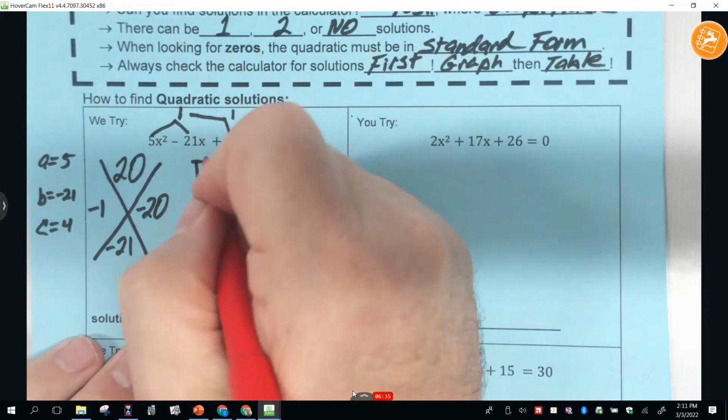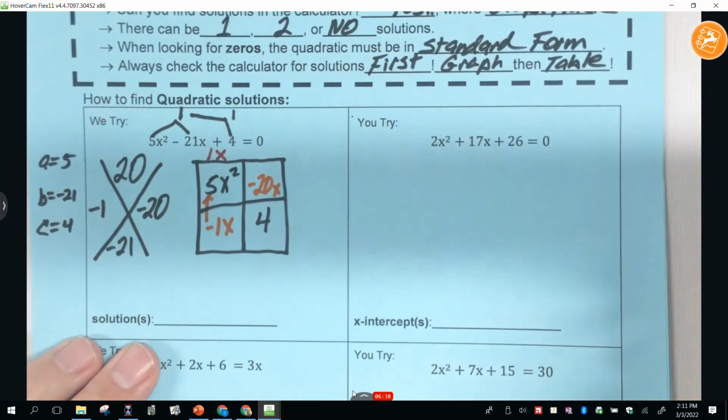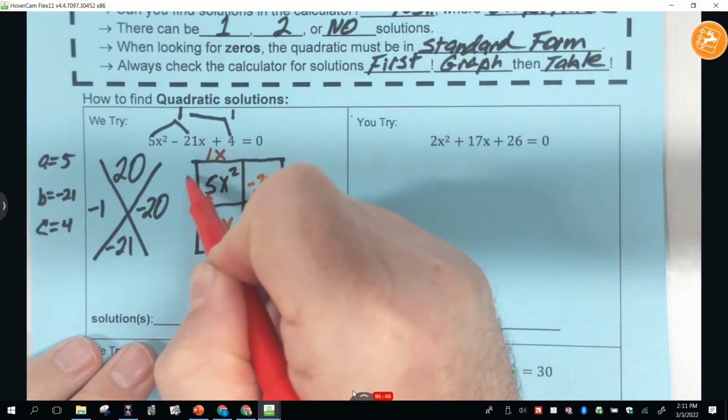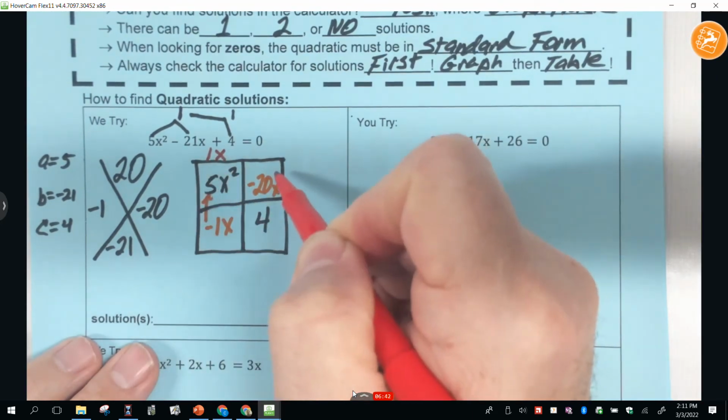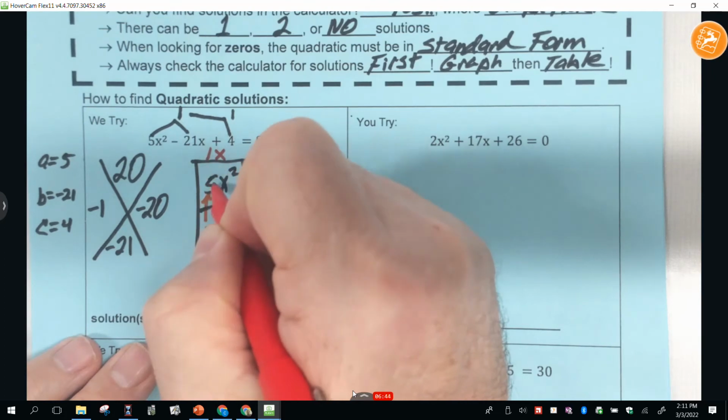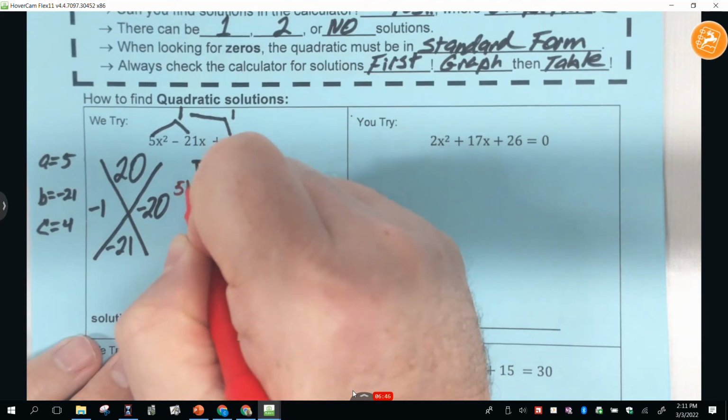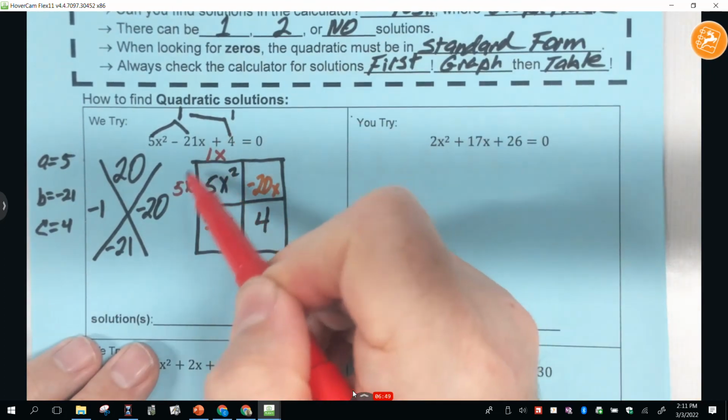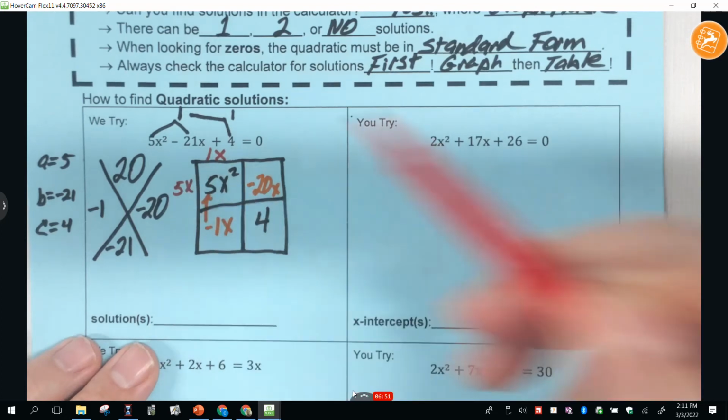So right here I'm going to put 1x. And then 1x times what gives me 5x squared? Well, 1 times 5 is 5, so right here this will be 5x. 1 times 5 is 5, and x times x is x squared.